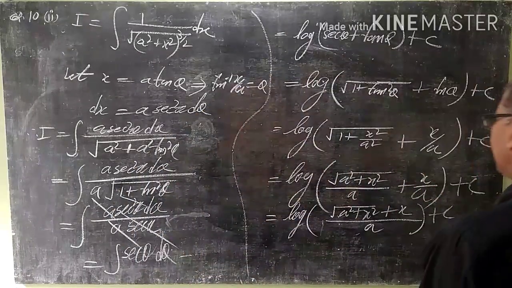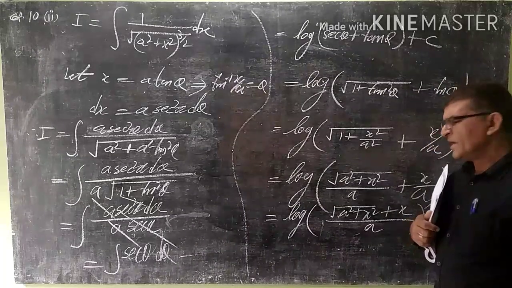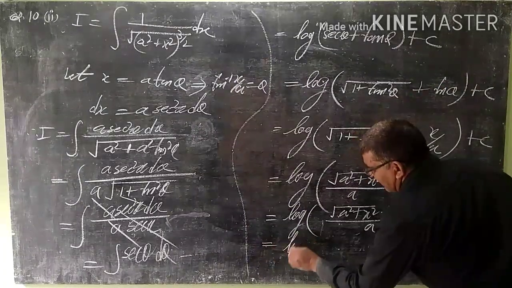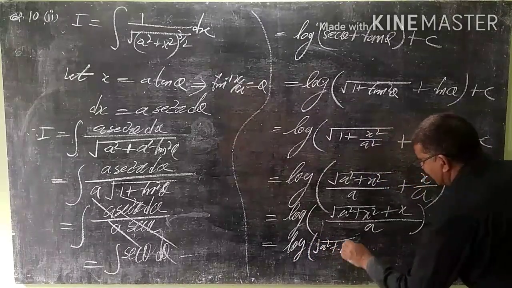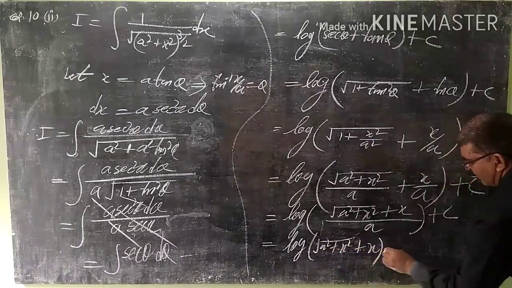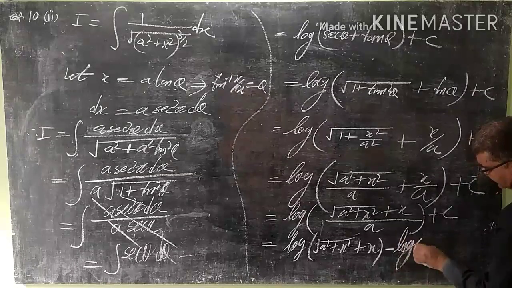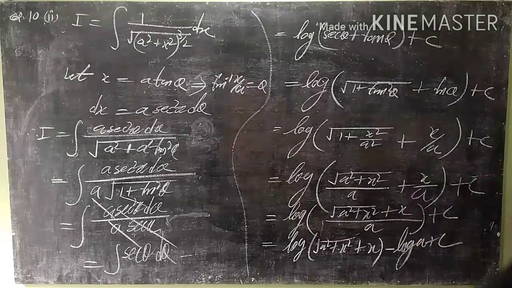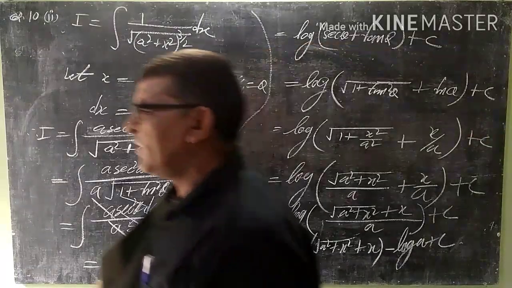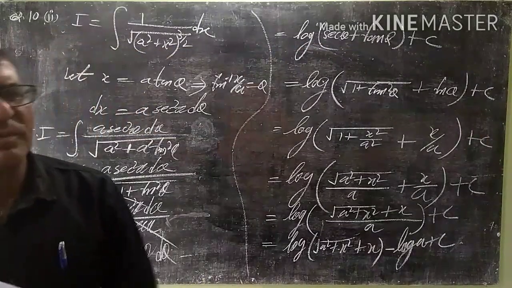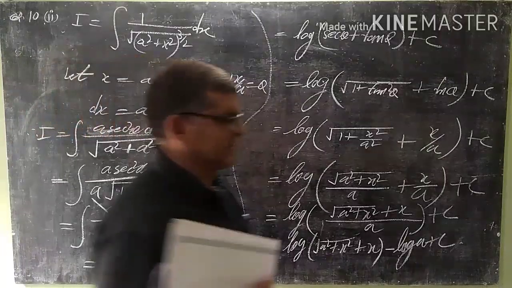And this is in the form m upon n. Then we can write by logarithm rules log m minus log n, means log under root a square plus x square plus x minus log a plus c. You know log a and c both are constant values. That is why instead of both of them we can write c dash.